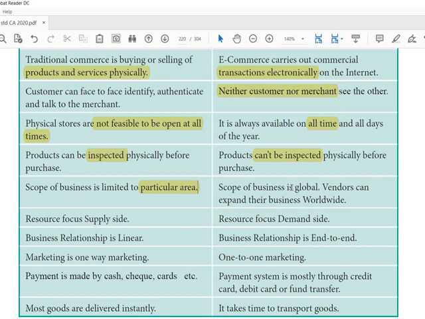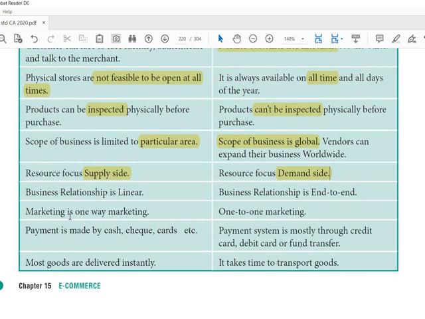But the scope of business in e-commerce is global, where vendors can expand their business worldwide. Resource focus is on the supply side in traditional commerce, and on the demand side in e-commerce.